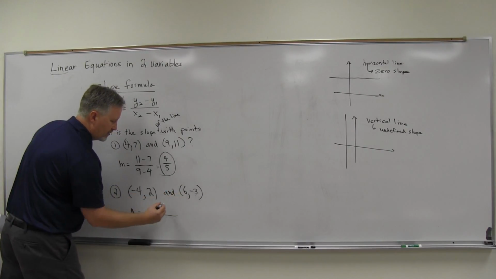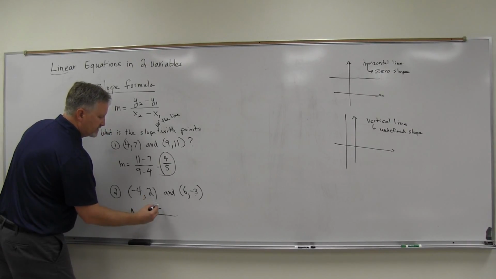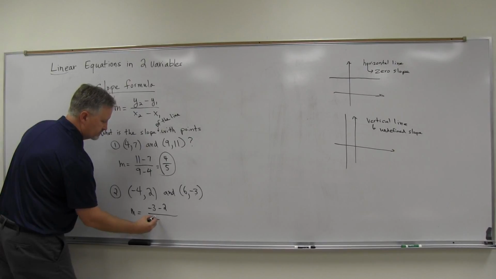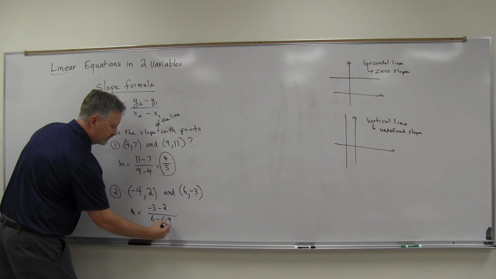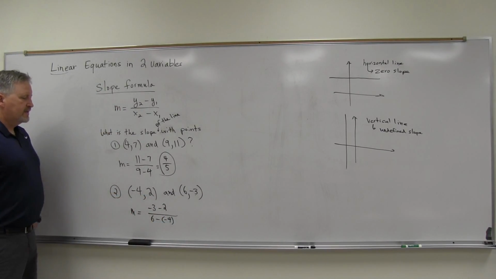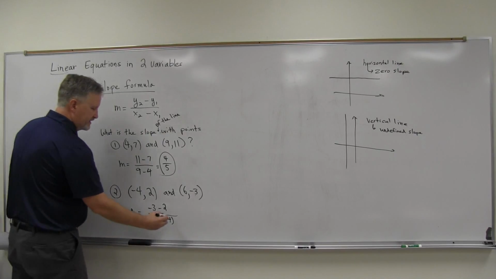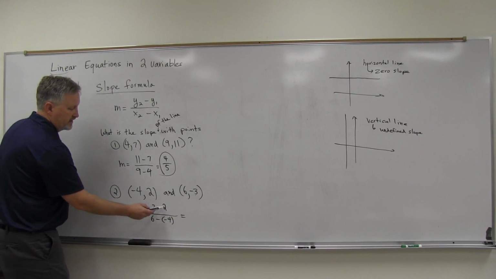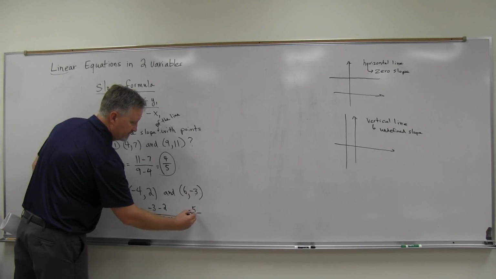So we have second y, -3, minus first y, 2, over the second x, 6, minus the first x, -4. That's about as tricky as you can get on these, because you have to watch your signs. On top, -3 minus 2 is -5.